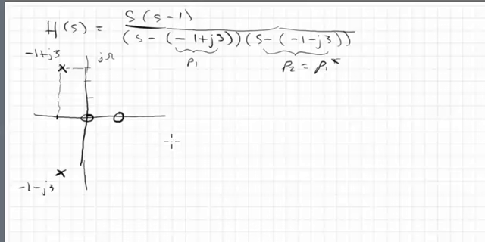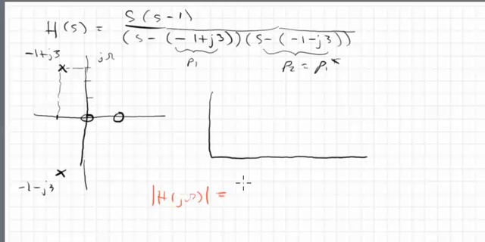Now, how do we get the frequency response for this simple system? Don't worry too much if there's a whole bunch of poles and zeros. We're only going to look at the closest pole. According to our procedure, we pick a small value of omega. We start at 0, and then the frequency response is the distance from j omega to the nearest zero over that to the nearest pole.